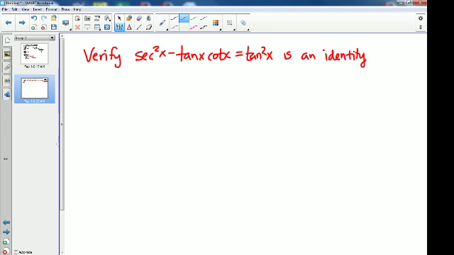So our end goal here would be to get this side equal to this side. By simplifying, we worked on simplifying those expressions. Can I simplify this expression to get tangent squared?